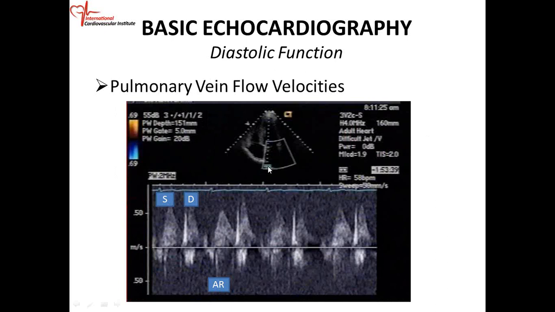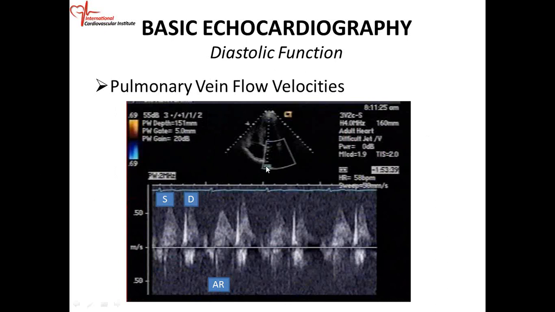If you put your sample volume in one of the pulmonary veins, for a normal individual, with your ECG on top here, you get a systolic component, a diastolic component, and an atrial reversal, which is right there.